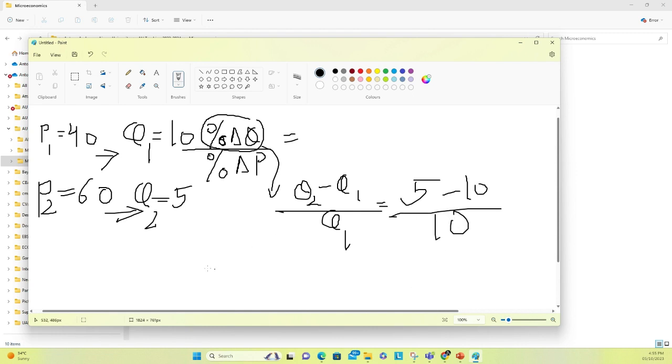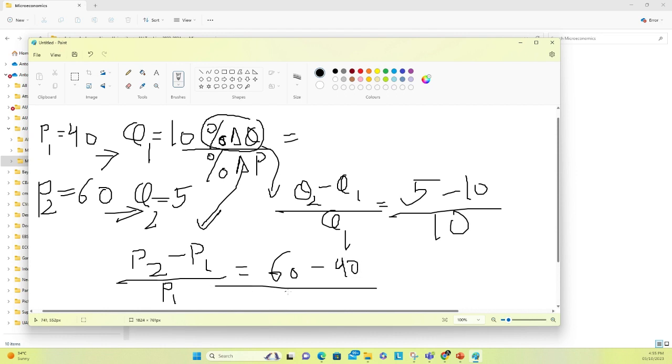Similarly for price, you work out P2 minus P1 divided by P1, which is equal to 60 minus 40, divided by 40. Understand? So you get a value here, you get a value there, you just substitute in here, and you get the elasticity. Now this is when I ask you just for the price elasticity of demand.